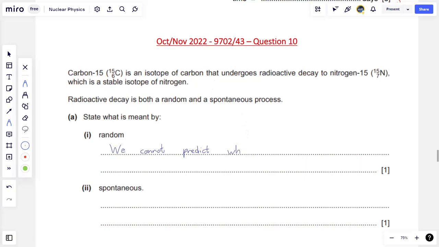We cannot predict when, important word, when a radioactive nucleus, so simply nucleus, will decay, OR which nucleus in a sample of a radioactive substance will be the one to decay.